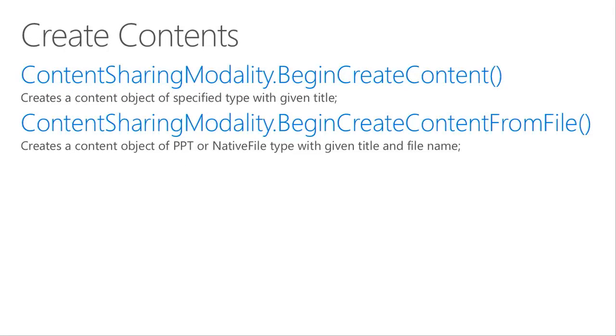So how do you start creating content? You just call simply begin create content, or begin create content from a file. With the given title and file name, you can create the content from a file, or you can just give it the title and create content such as a whiteboard.